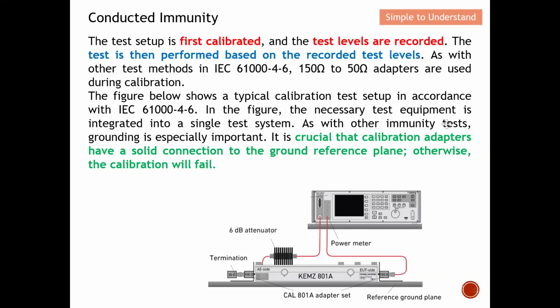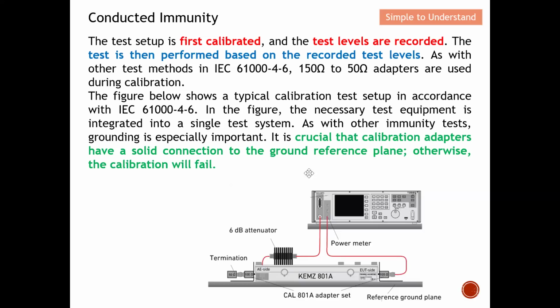As with other immunity tests, grounding is especially important. Hence it is critical that the calibration adapter has a solid connection to the ground reference plane. Otherwise, the calibration will fail. In short, over here you can see this solid black line. This is the grounding plate. We need to ensure that they touch the reference ground so as to have proper grounding.